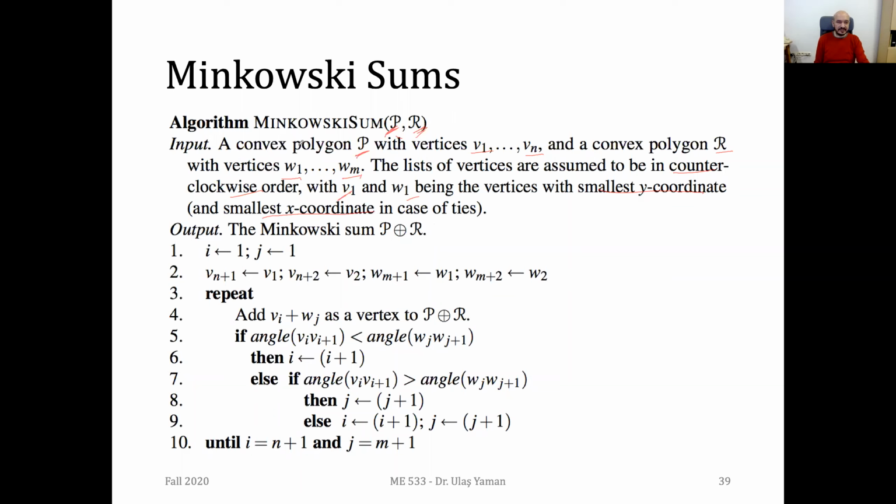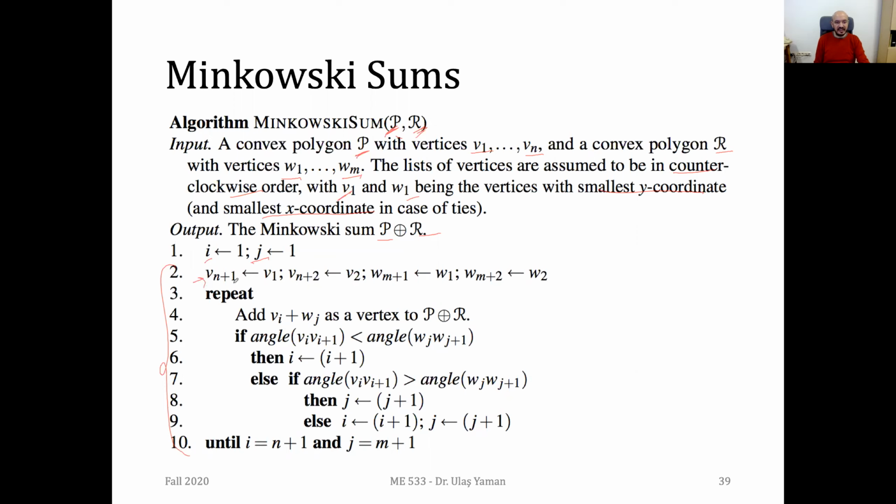The result of this algorithm is the Minkowski sum of the two convex polygons, P and R. This is the main algorithm to determine the Minkowski sum of the given objects. We have indices for P and R. For P we use the index I, and for R we use the index J. Then we have some initialization.